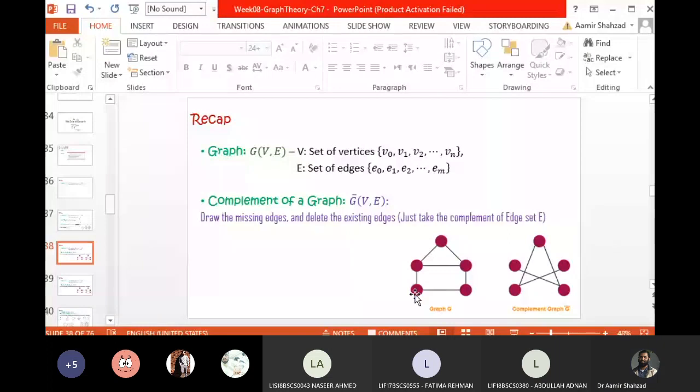For example, we see a graph here on 5 nodes.